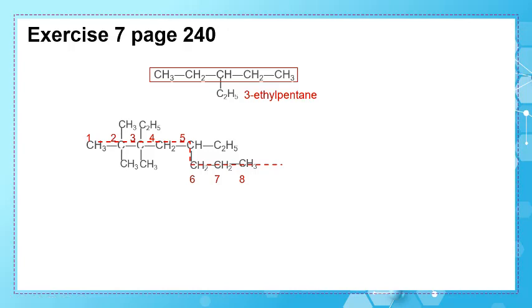So here we have 3 methyl groups, so it's a trimethyl: 1, 2, 3. And we have 2 ethyl groups, so they represent diethyl.